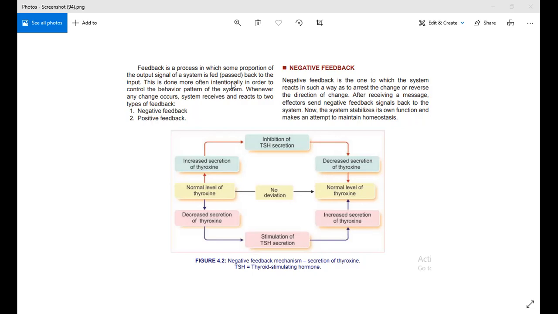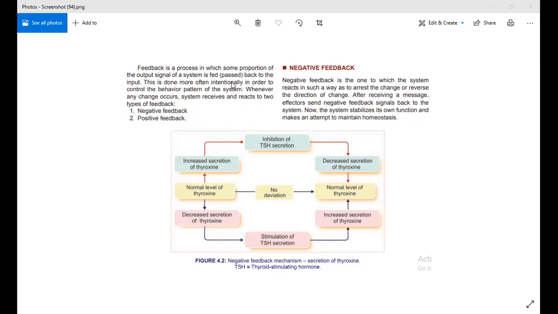Once that action happens, we will have a normal osmotic pressure of the blood. So that result will be sent back, that is feedback, to the hypothalamus, that now we have a normal amount of water in the blood. That is feedback mechanism.